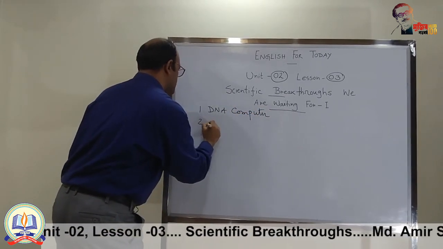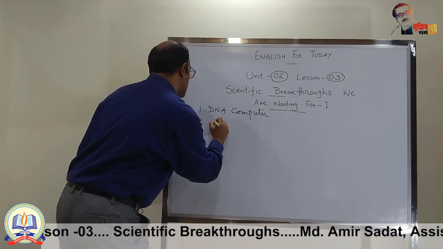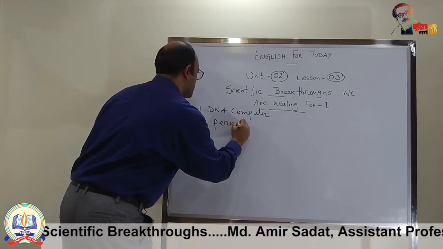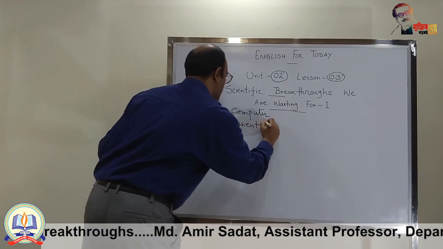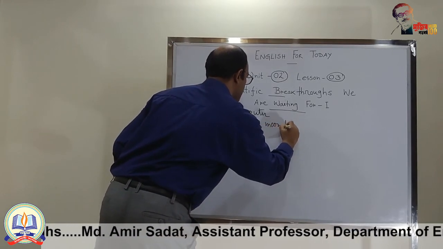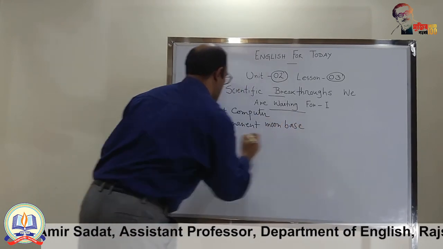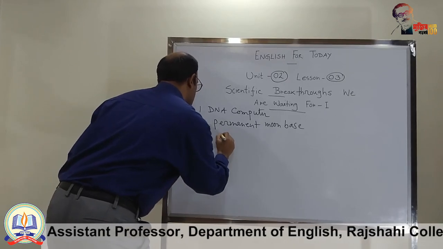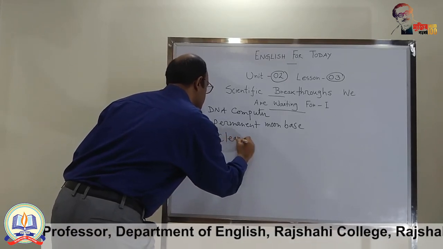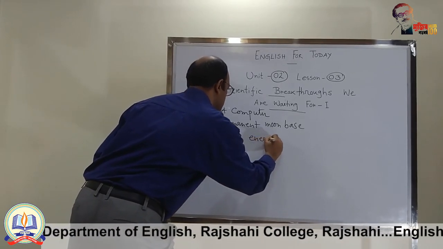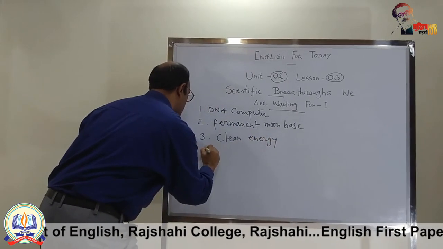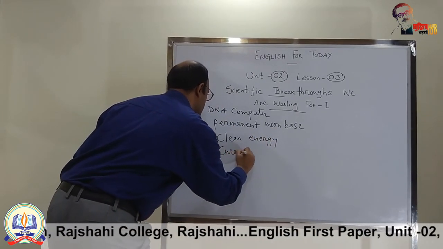Number two is permanent moon base. Number three, clean energy. And number four, cure for cancer.